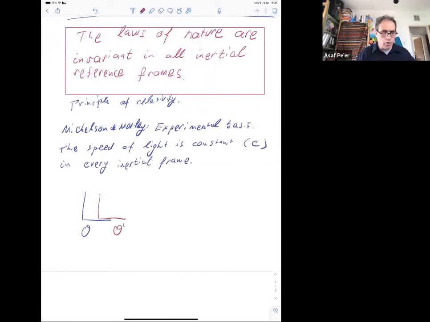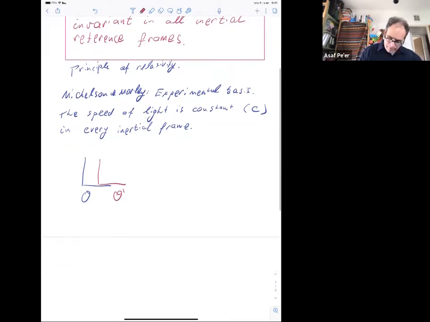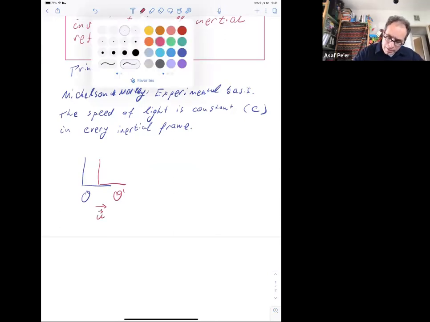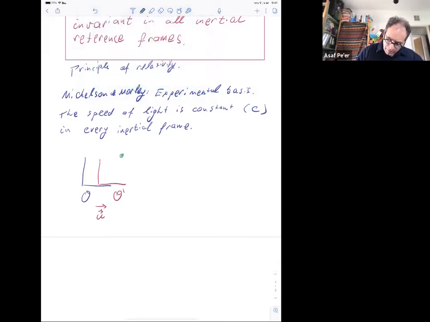The O prime is moving with respect to O at some speed u, and both of them are observing some green object, which is moving at some velocity v, as seen by observer O, and v prime as seen by observer O prime. And Galileo told us that v prime is just v plus u, and of course we know this is no longer true.